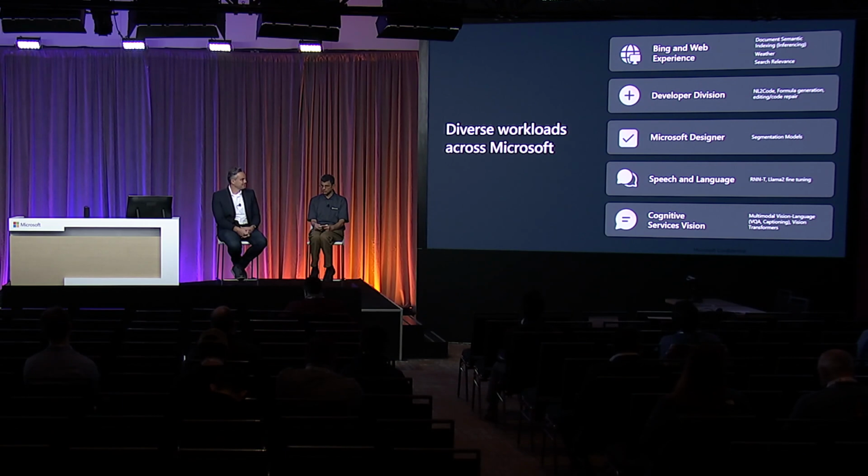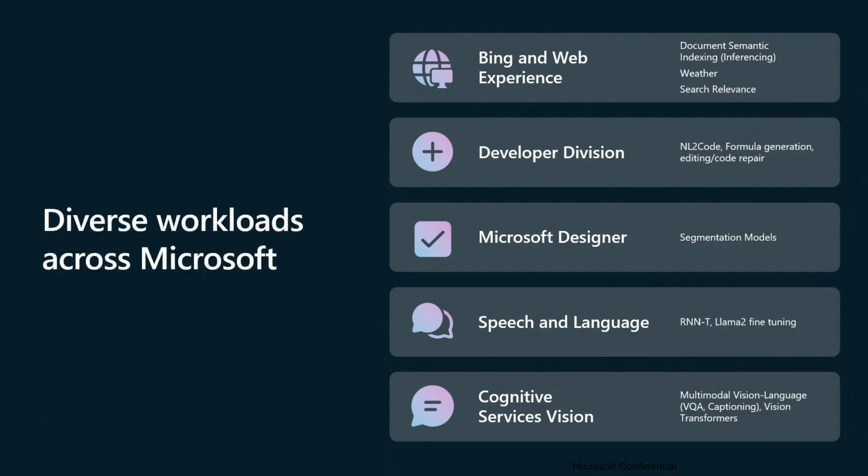Speech and language, obviously what you see on the top, those are all served by the speech model. Those speech models, they experiment with multiple architectures, constantly evolving those algorithms like RNNT, and then for the language part, like Llama 2, doing some fine tuning.